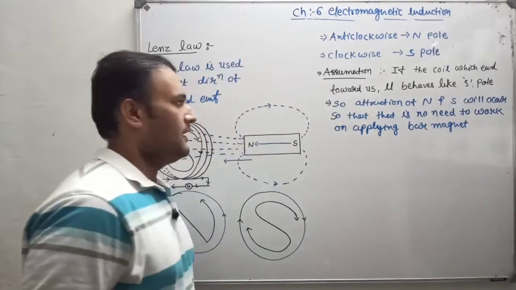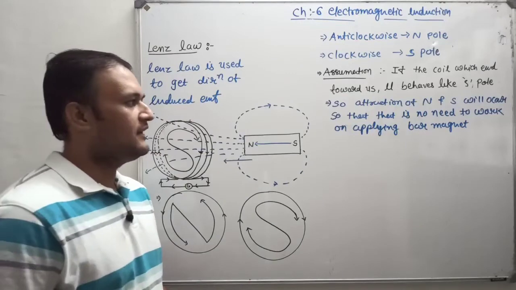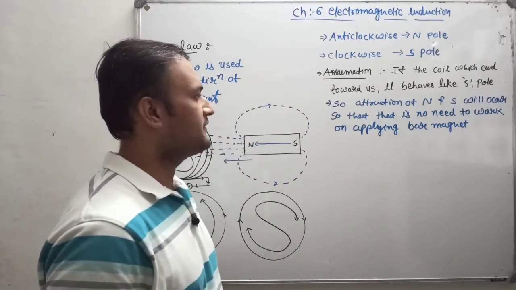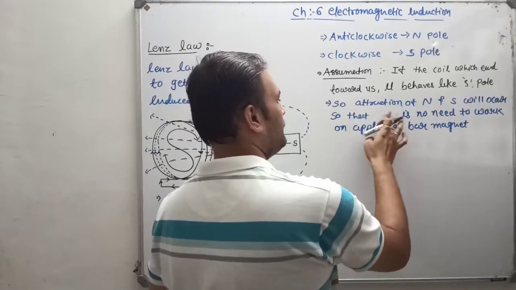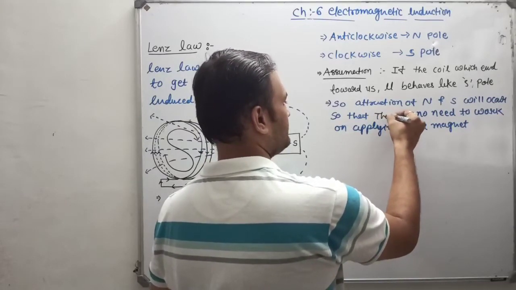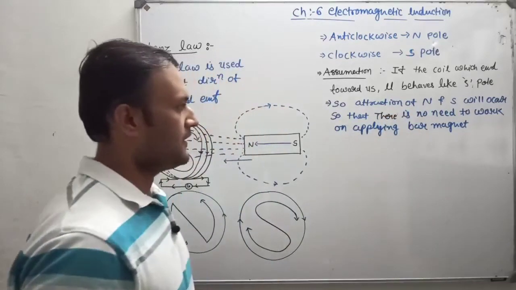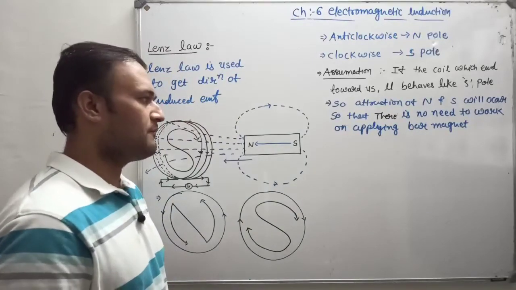Okay, so attraction of N and S will occur so that there is no work. There is no need to work on applying the bar magnet.